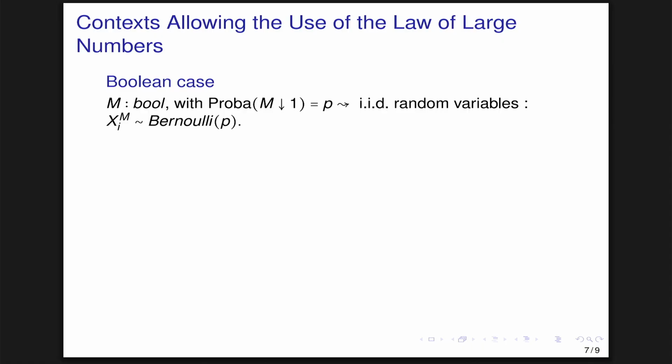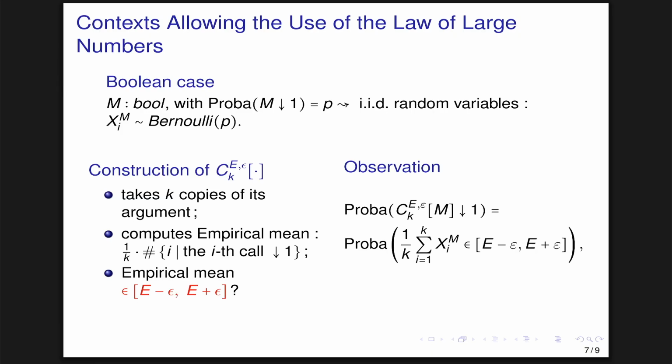So if I consider a Boolean program M, which returns 1 with probability p, I can look at the program M as a probability distribution, and I can associate a random variable of law Bernoulli(p), which returns 1 with probability p. And here again I use the same idea.